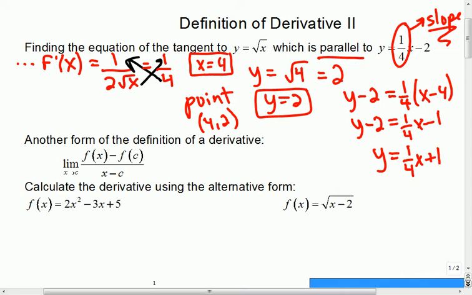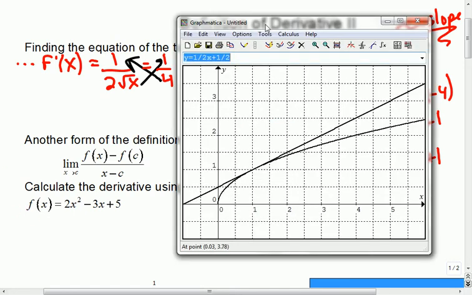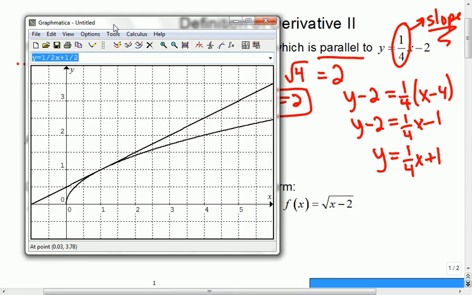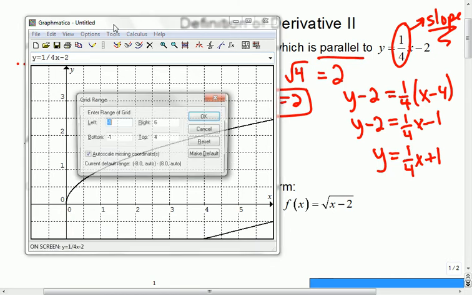Okay, so I'll show you in the picture again what it is that we just did there. I'll move it over in case you're still writing. So we had y equals the square root. So that's the graph that we're taking a look at. And the line that we were asked about was originally 1/4 x minus 2. So let me change.